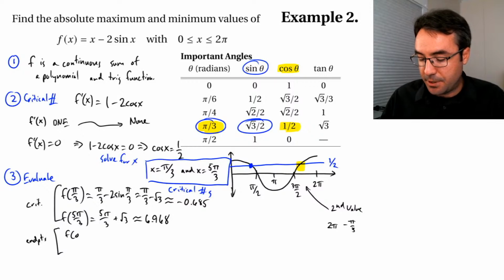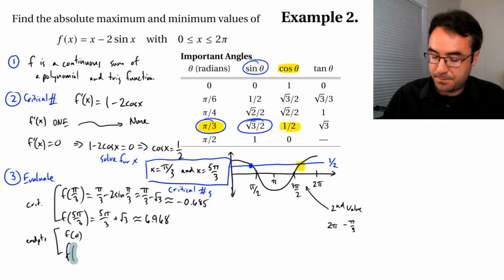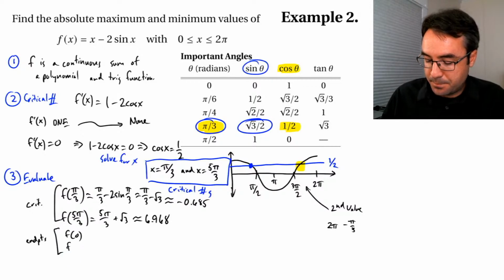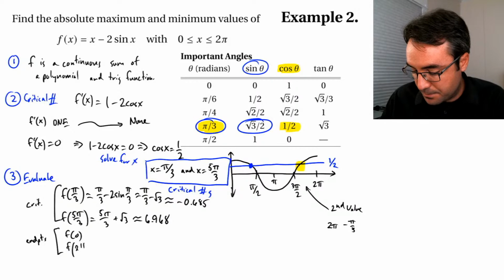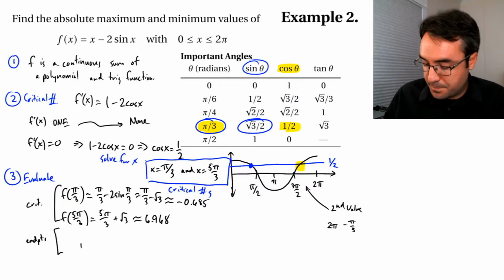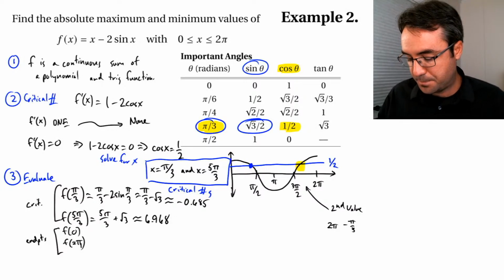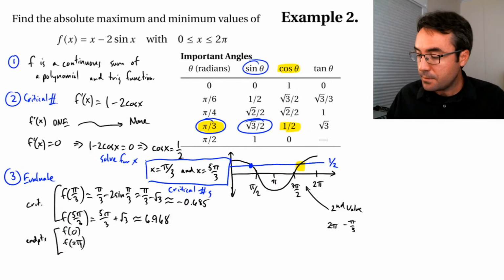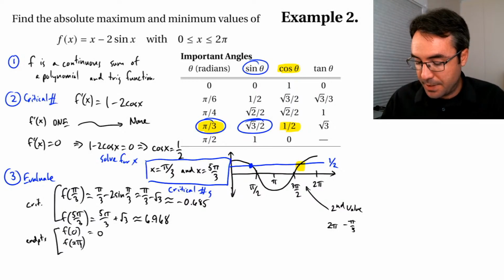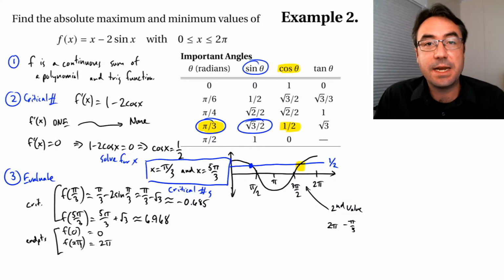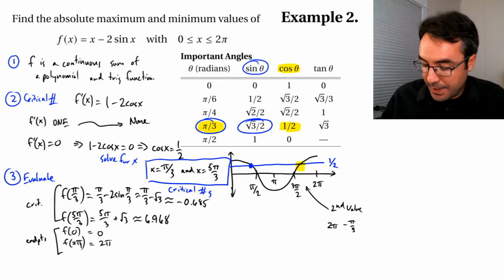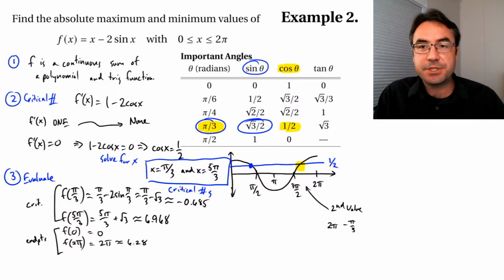So I'm going to plug in 0 and plug in 2 pi. When I plug in 0, I end up with 0. And when I plug in 2 pi, I end up with 2 pi, kind of coincidentally there. And 2 pi is approximately 6.28. We've got the decimals just for comparison purposes.